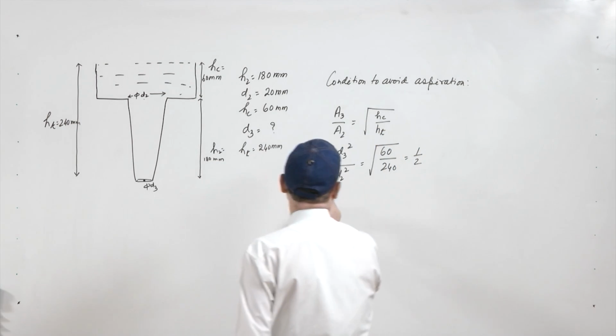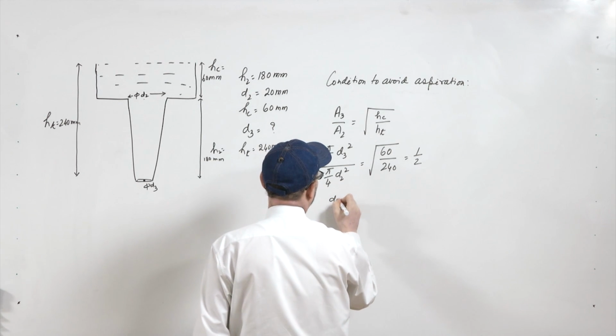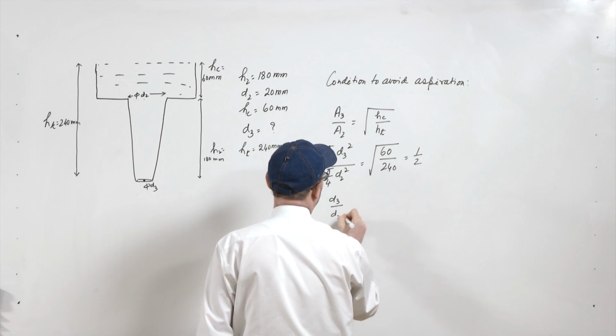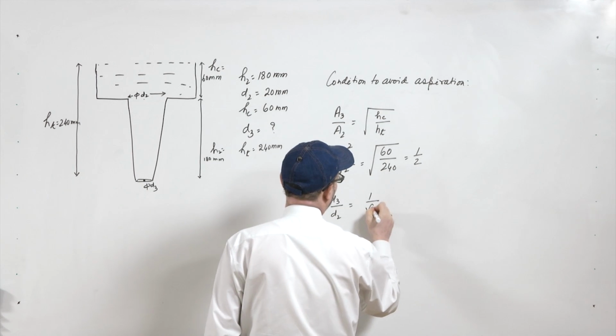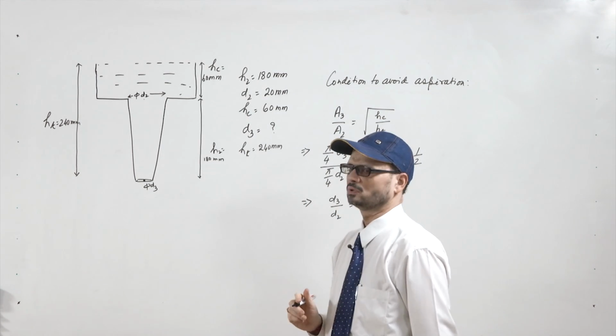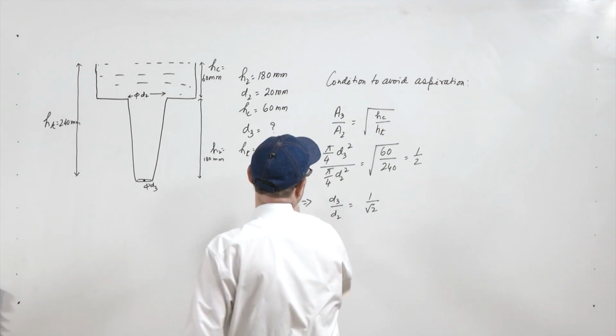So from here we get D3 upon D2 equal to 1 by root 2, and from there we have to find D3.